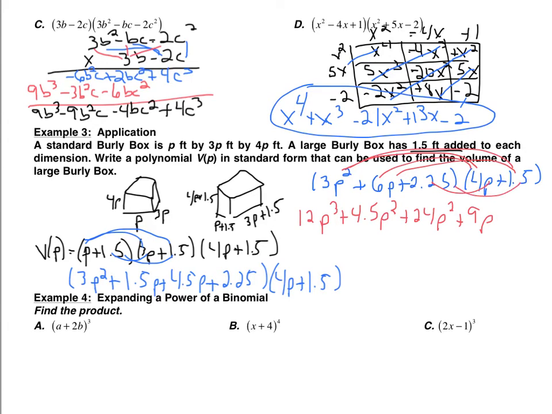And then we multiply the next two, and we'd have plus 9p plus 3.375. And then if we combine all the like terms, our V of p would be 12p cubed plus 28.5p squared plus 18p plus 3.375.